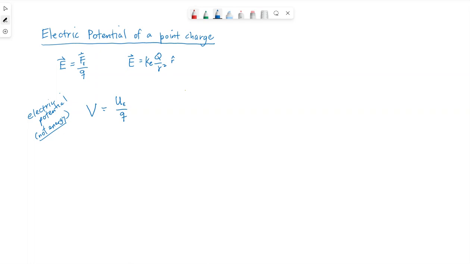So for example, let's say I have this capital Q right here. We know it is creating an electric field that's pointing radially outwards, three-dimensionally. I just can't draw three-dimensionally particularly well.